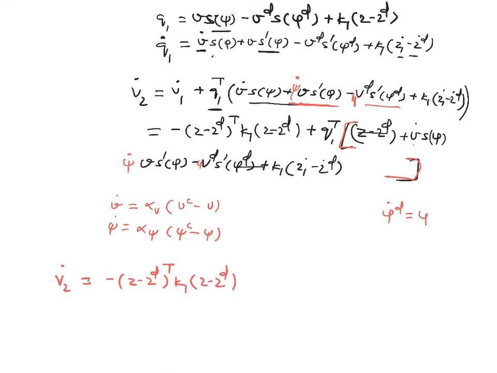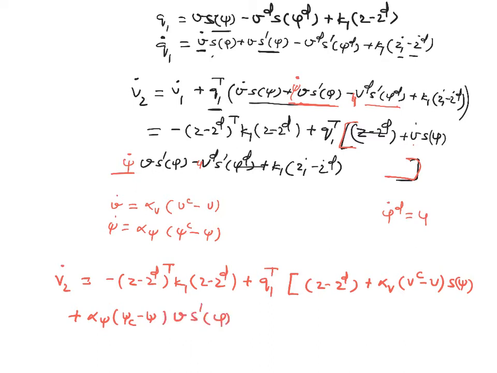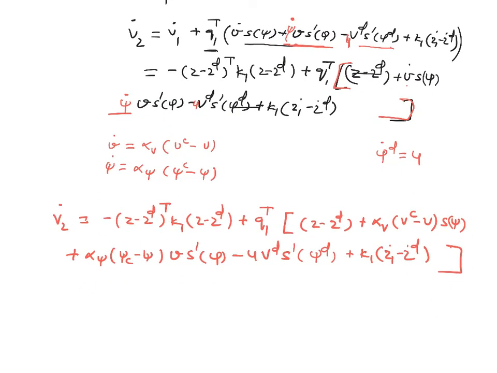Z minus z dot plus q1 transpose (z minus z desired) plus alpha (v commanded minus v) s psi, and then we have alpha (psi commanded minus psi), I'm plugging in this value, v s prime psi minus u vd s prime psi desired plus k1 (z1 dot minus z dot d). Got it finally to this stage.